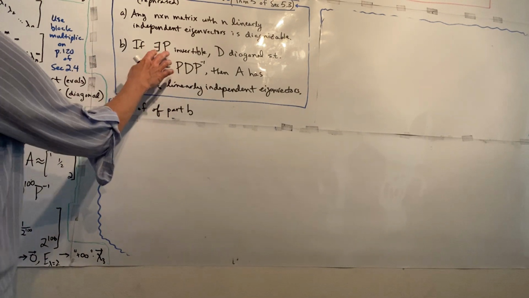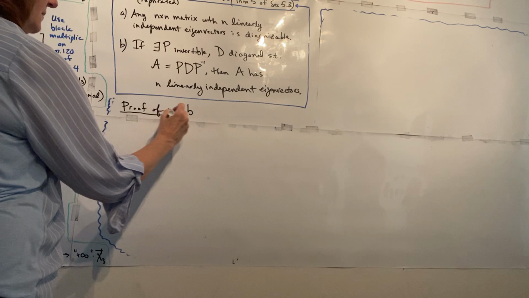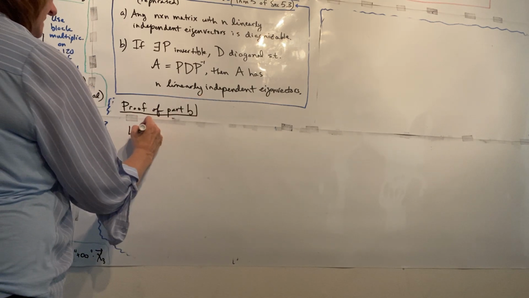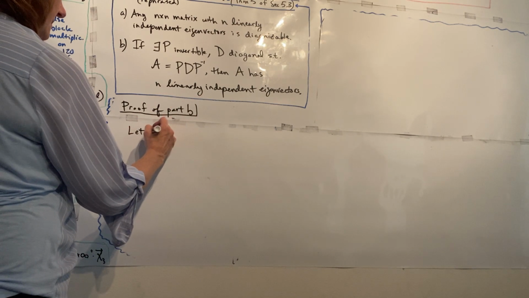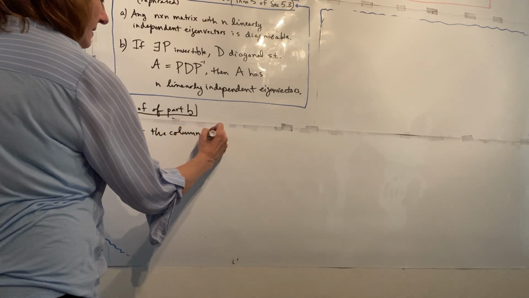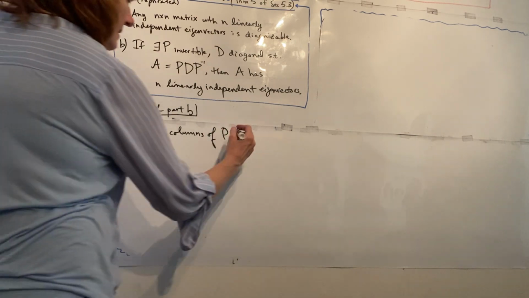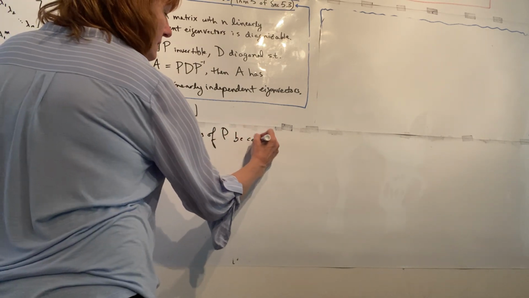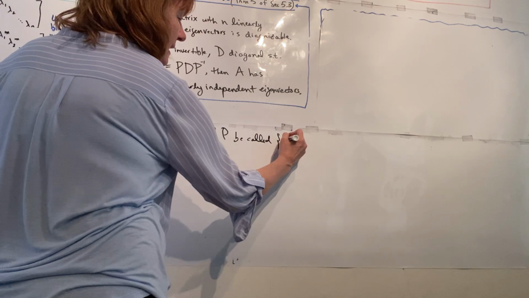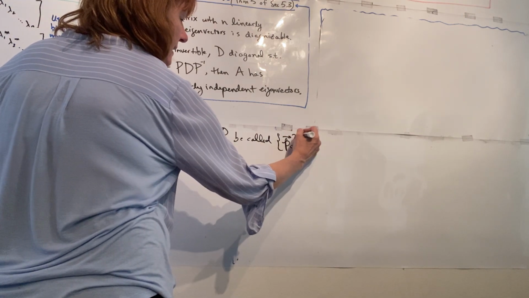Well, you've been handed a matrix P, right? So let's let the columns of P be called the set of Pi, i equaling 1 through n.